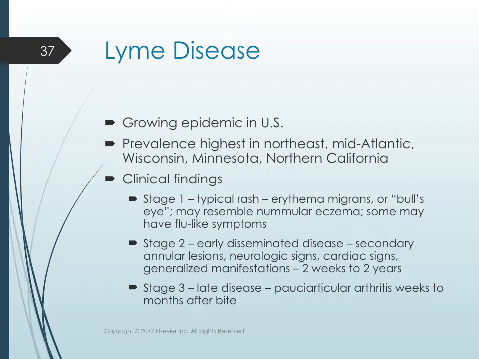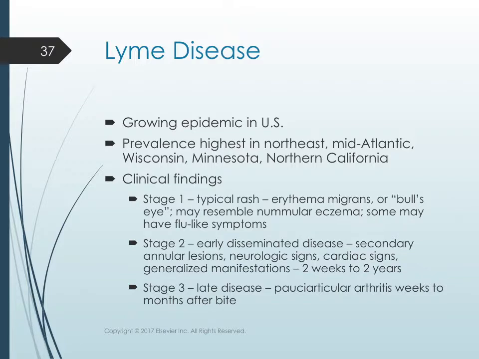So they can also develop neurologic signs. Lyme disease can cause meningitis. It can cause Bell's palsy. So you want to do a neurological exam on your patients. It can also cause cardiac involvement. So you want to listen closely to the heart for the rate and the rhythm and the heart sounds and make sure they're normal.